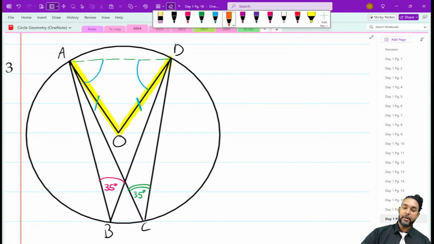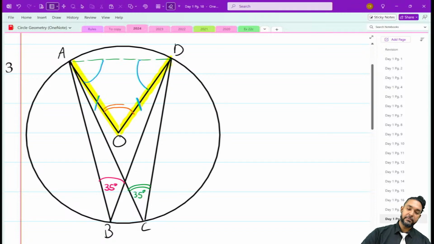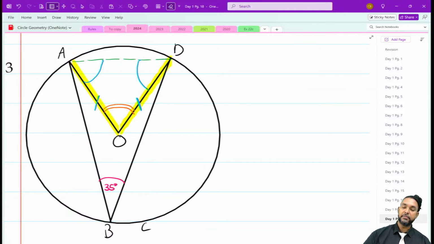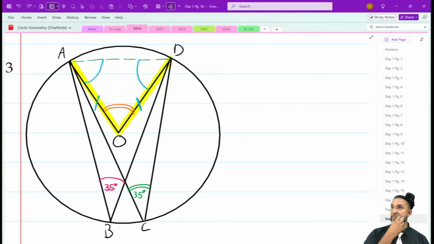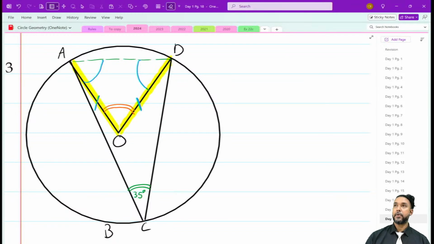But the question then becomes, what's this angle here? And that's where, if you disappear this side here, you have your arrowhead. And the angle at the center is double the angle at the circumference. That's correct. Because we drew any line on the top, technically the angle will still be exterior of the shape.